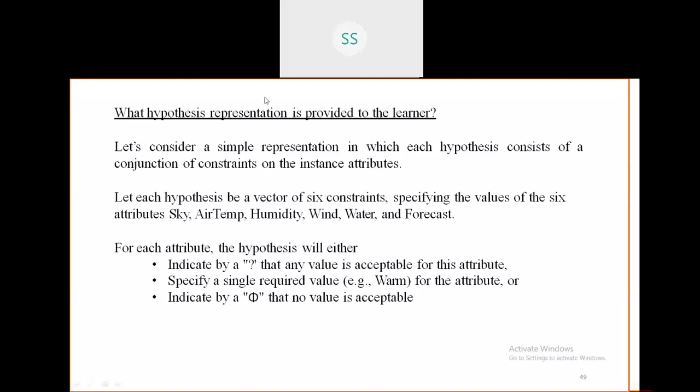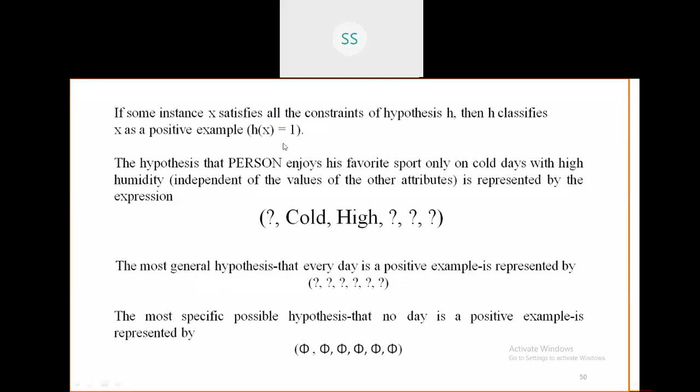This is how you can construct the hypothesis. It might have any of these three values: one is the question mark, second is a single required value, or it can have the not symbol as well.